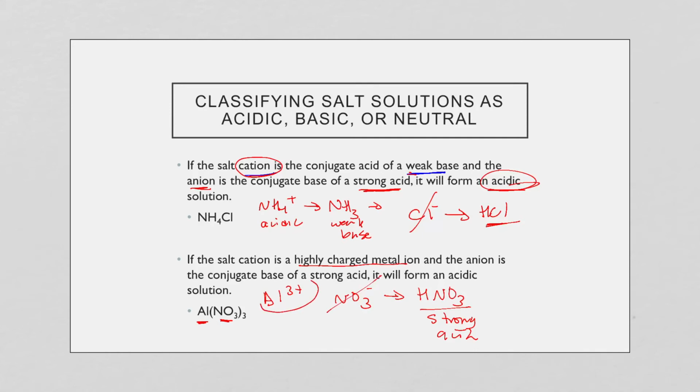So this is how examples of salts that contain these highly charged metal ions produce acidic solutions. Right?